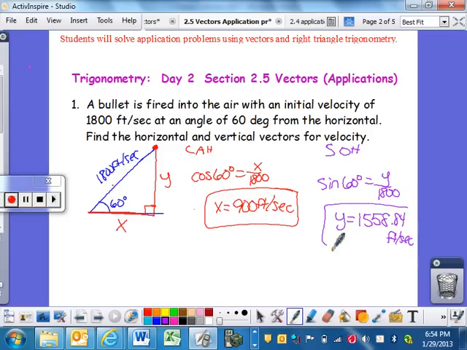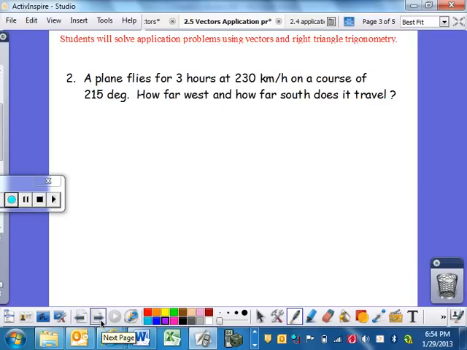So it's going to travel faster going up than it is going straight east, but you should expect that because the 60-degree angle is farther up, farther towards the 90-degree angle or facing more up. So in my mind that makes sense that it will travel faster going in the up direction.